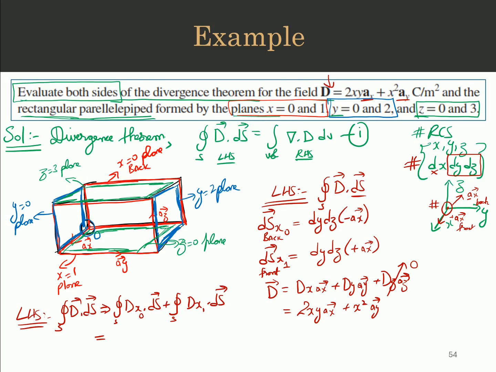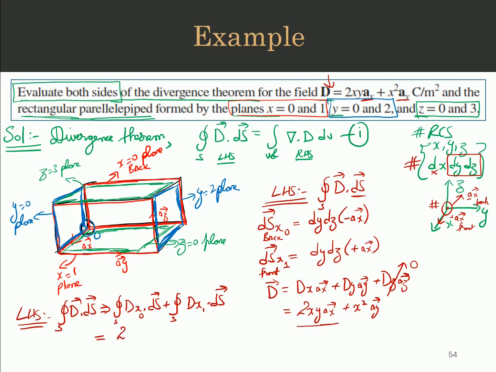So then I can say that it is going to be the integral of x equal to 0. So what is going to be Dx? If I look over here in this equation, Dx is going to be the first element along a of x, and so I can write it like such.